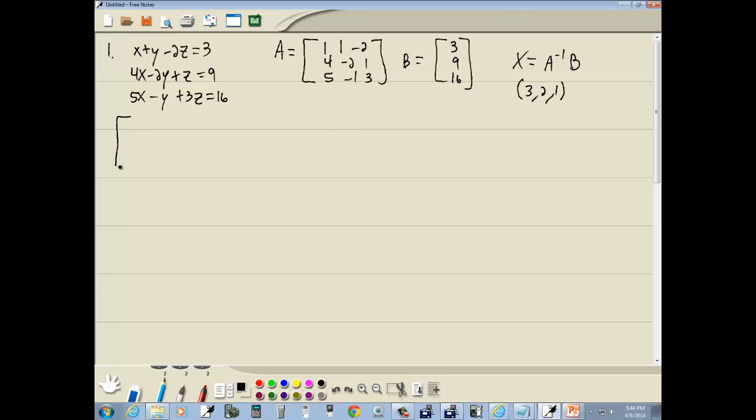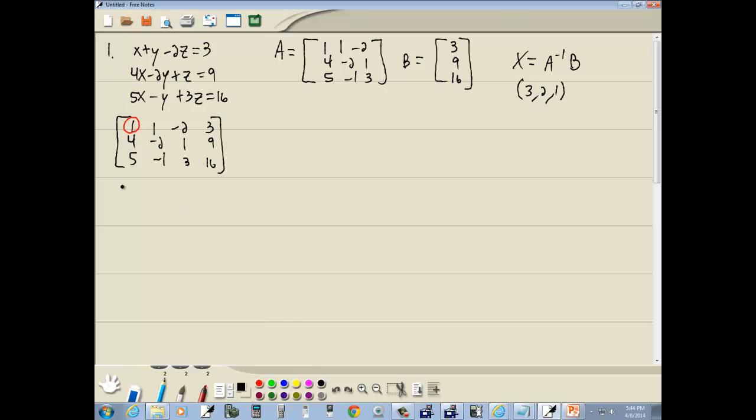Okay, Gauss-Jordan elimination. I've got 1, 1, negative 2, 3; 4, negative 2, 1, 9; 5, negative 1, 3, and 16. Our first step, we want to get a 1 in this position.